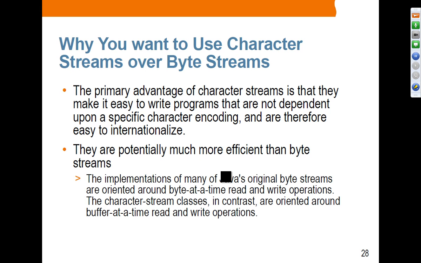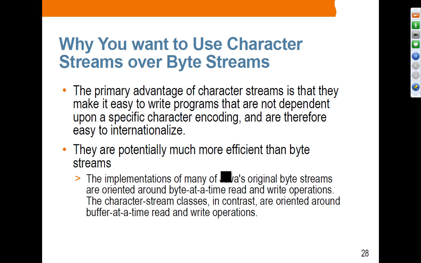All right, so why would you want to use a character stream over a byte stream? The primary advantage of using character streams is that if you are writing an application that is supposed to be internationalized, okay, I mean, that's always the case, right? Then the character encoding and decoding are handled by these character streams, okay? So you don't have to do the encoding and decoding yourself.